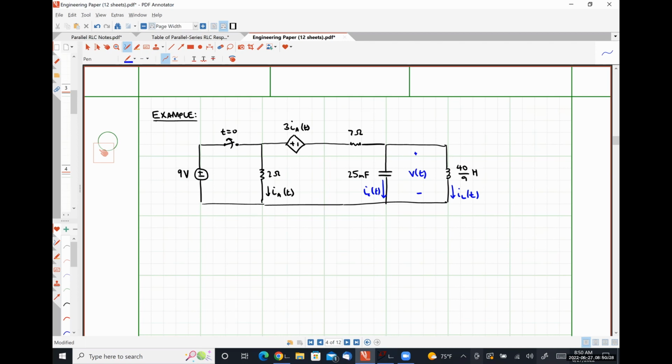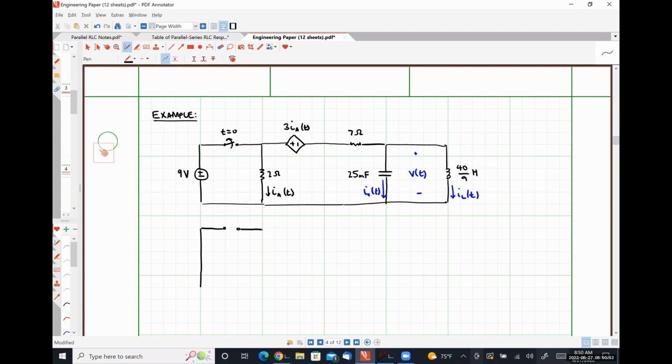Okay. So our first step will be to look at this circuit as a dead network during the transient condition in order to determine whether it is critically damped, overdamped, or underdamped. So as a dead network during the transient condition, our 9-volt source is going to be turned off.